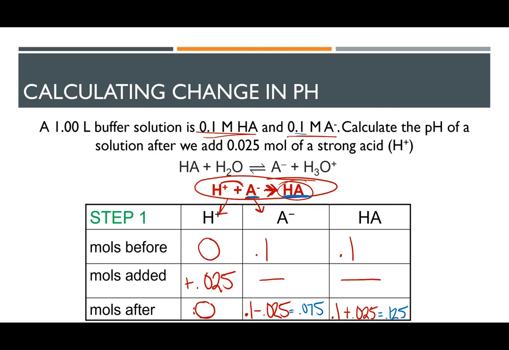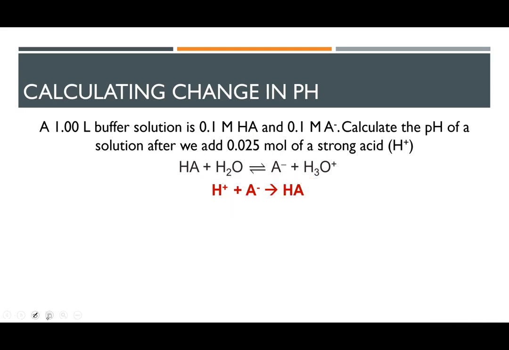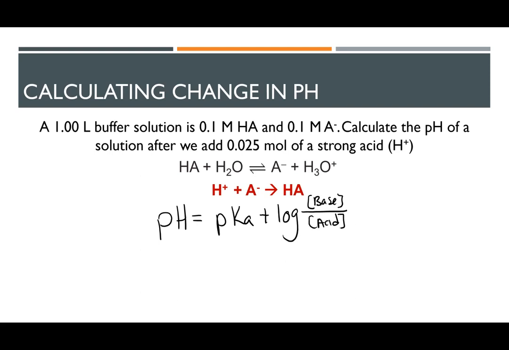So instead of using the 0.1 and 0.1 given in the problem, we're going to use the numbers that we just calculated. So now we're going to say the pH of our buffer is going to be pKa plus log of our base over acid.